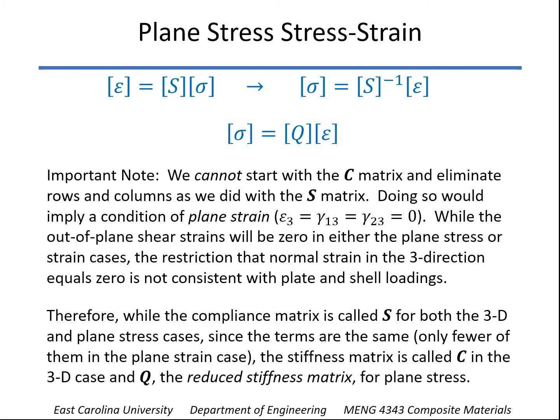We would call the 6 by 6 and the 3 by 3 compliance matrix S for both. But because the stiffness matrix is different for a 3 by 3 plane stress, we give it the designation Q. So C if it's the 6 by 6, Q if it's the 3 by 3 for plane stress.